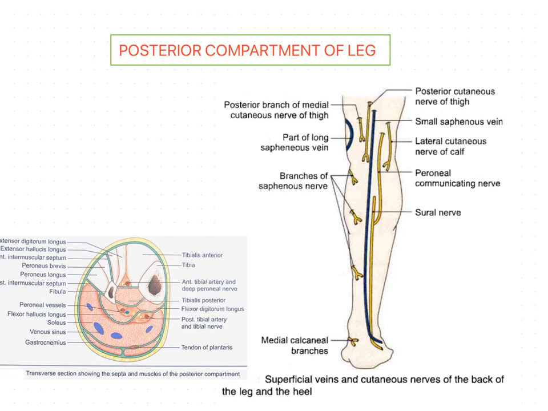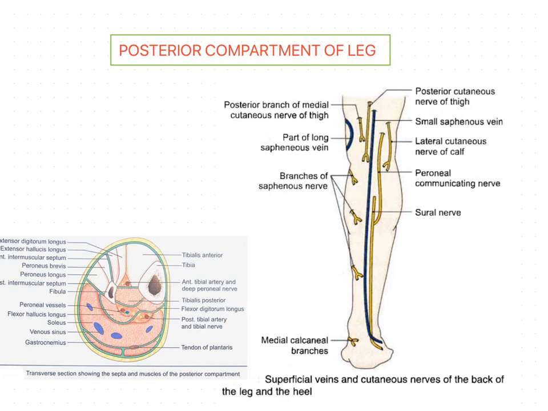Because of these muscles, it appears as the bulkiest part. This posterior compartment is one of the largest of the three compartments of the leg.